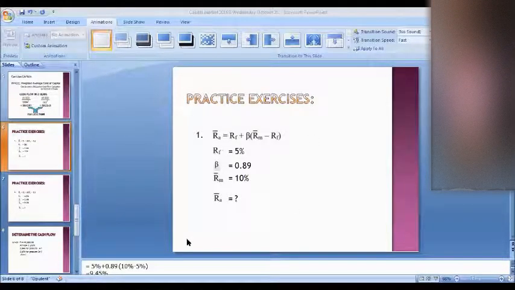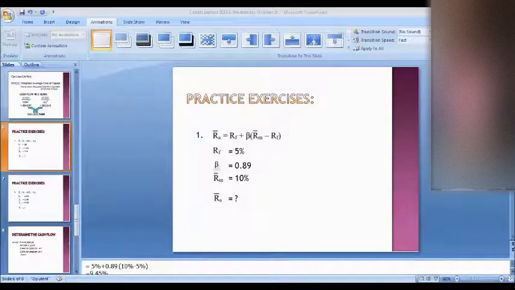What's the RA for number one? Ma'am, is it 9.99%? Come again. The RA, ma'am, is 9.45. Very good. 9.45%. Take note of that, class.